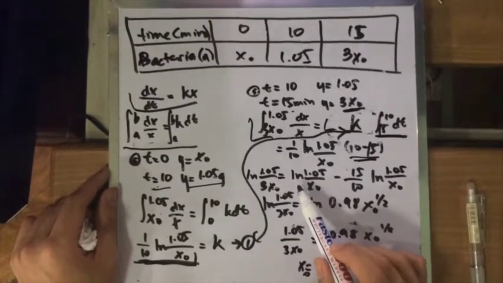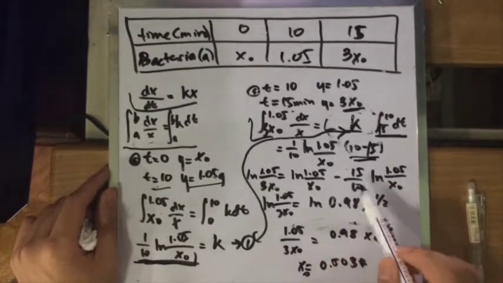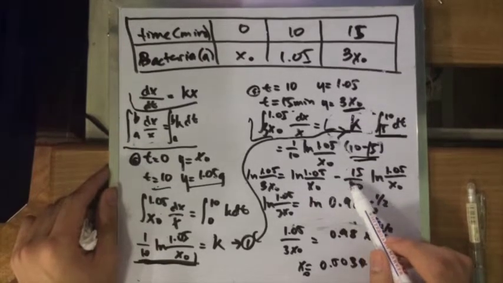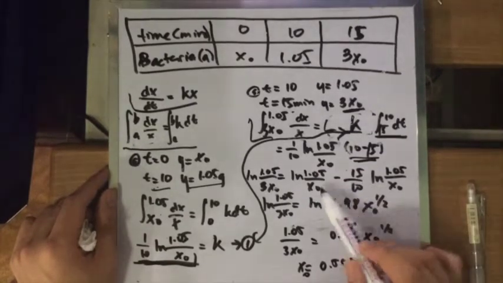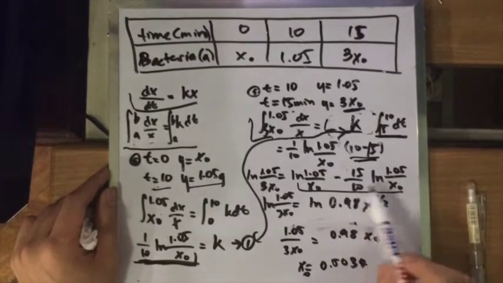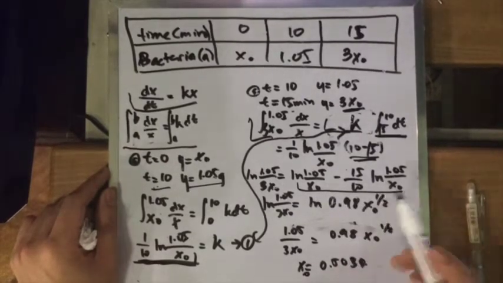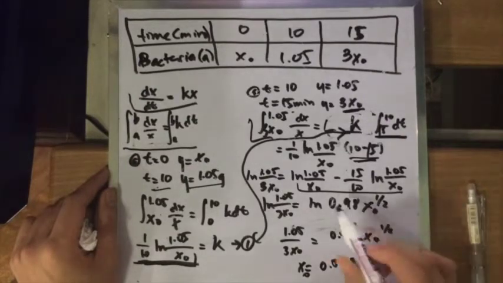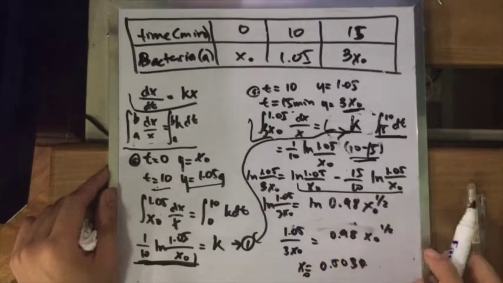You would have ln of 1.05 all over x naught, or x sub 0, minus 15 over 10, as you can see here. Then we would simplify this by subtracting both sides. We would get 5 over 10 ln of 1.05 all over x sub 0.